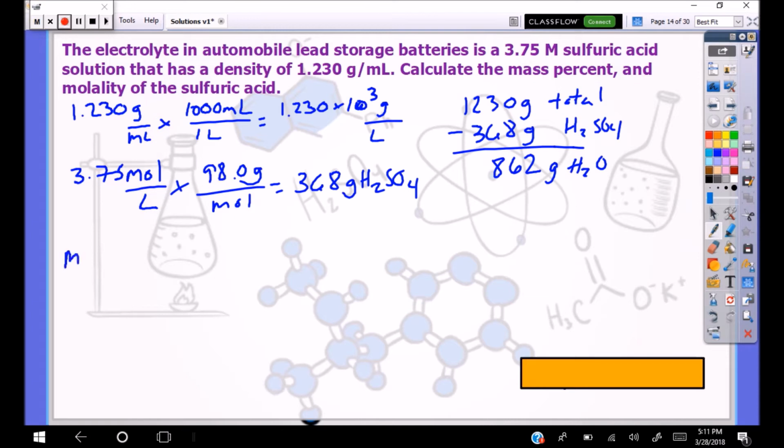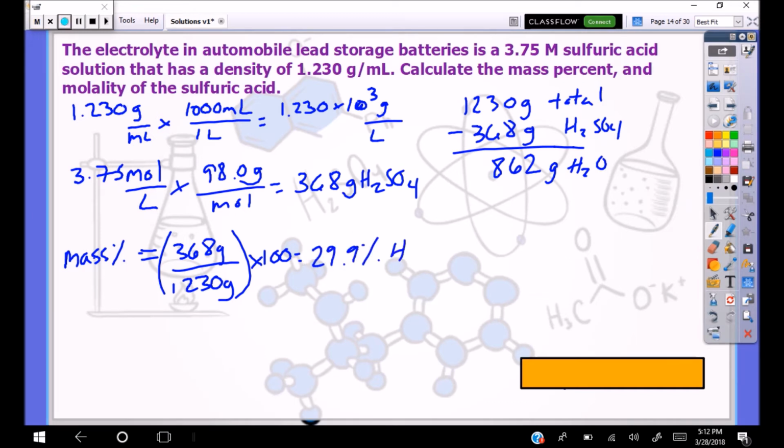We need the mass percent. For mass percent, we've got 368 grams over 1230 grams total, right? And we want to multiply this times 100, and we get 29.9% sulfuric acid. Still fairly concentrated, right? And then molality.